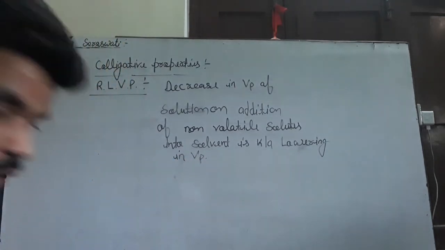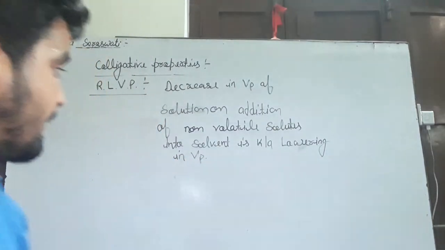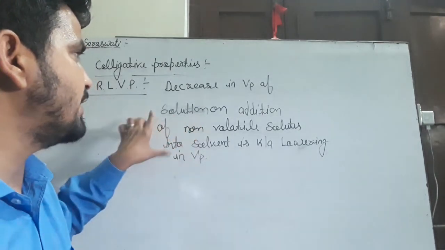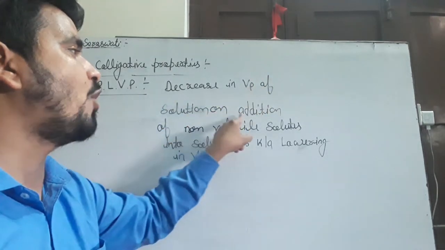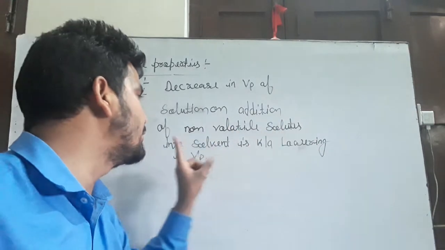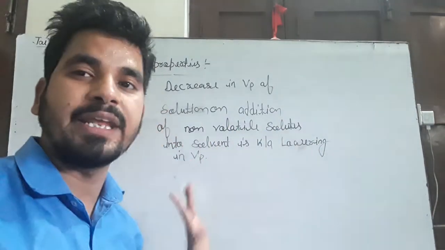This is all about the definition, dear children, of lowering in vapor pressure. What is lowering in vapor pressure? Decrease in vapor pressure of solution on addition of non-volatile solutes into solvent is known as lowering in vapor pressure.